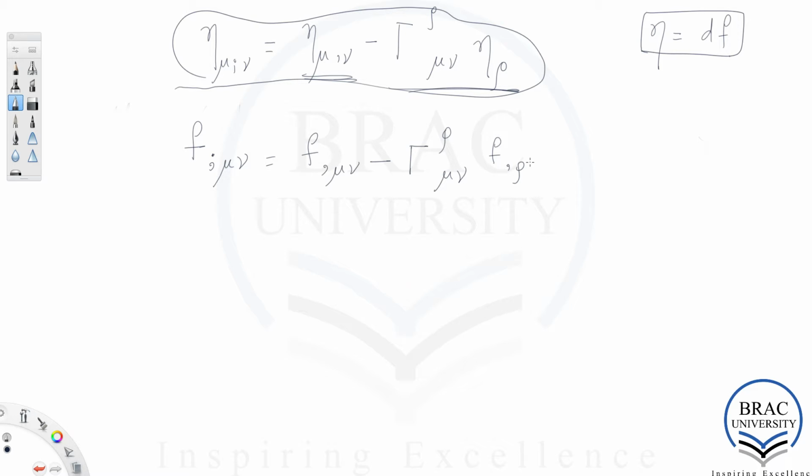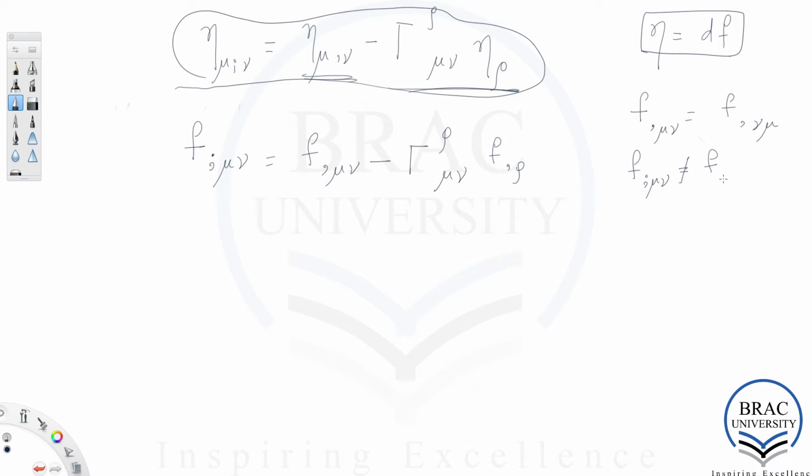We all know from our basic knowledge of multivariable calculus that f comma mu nu is the same as f comma nu mu, right? They commute with each other. But in general, we see from here that the second covariant derivatives don't commute after the interchange of the indices, right?